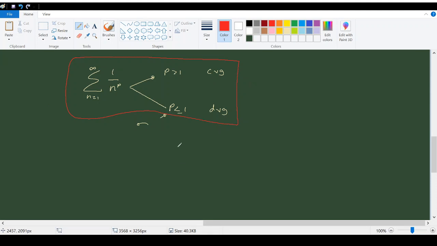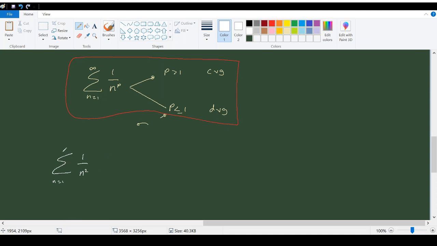And there's one last thing that I want to mention about this result, or rather the integral test. Say we have the series 1 over n to the power, let's take it as 2. From this result itself you can say that the series converges.